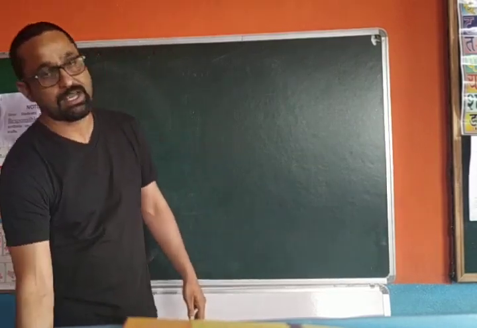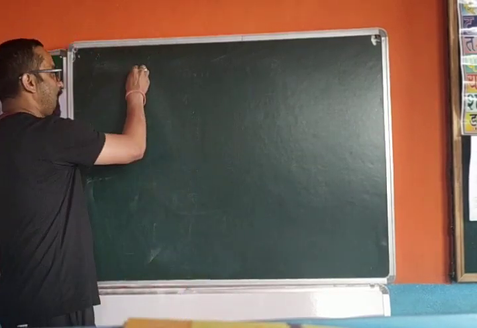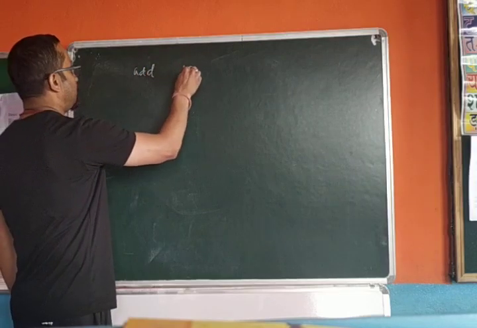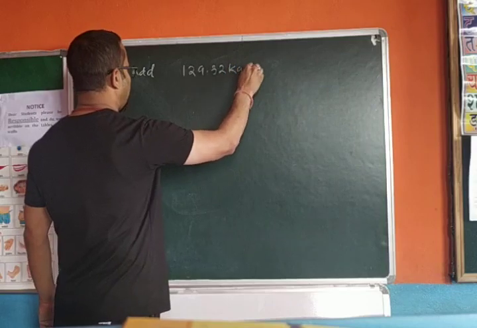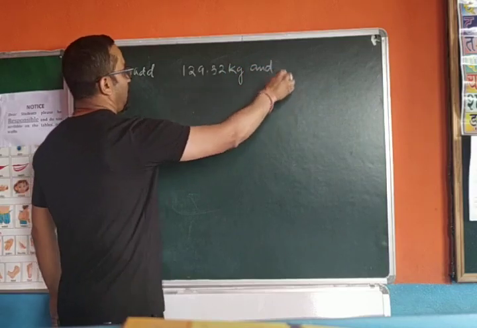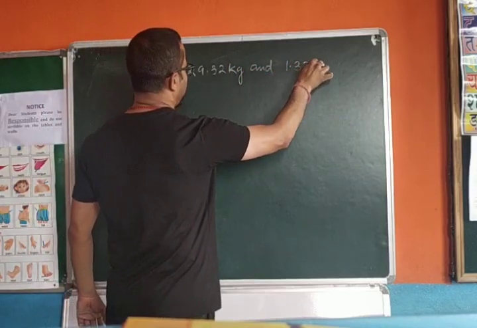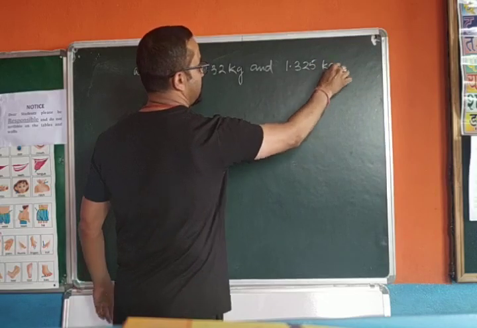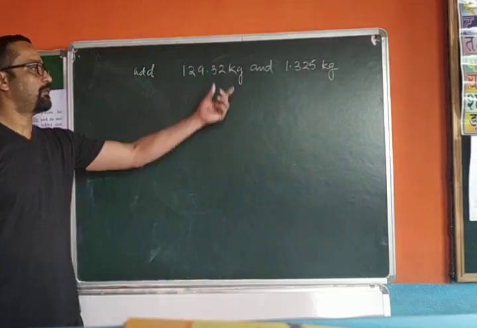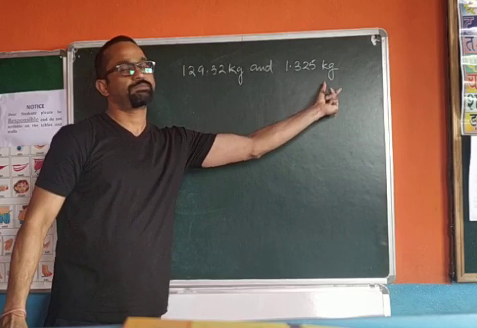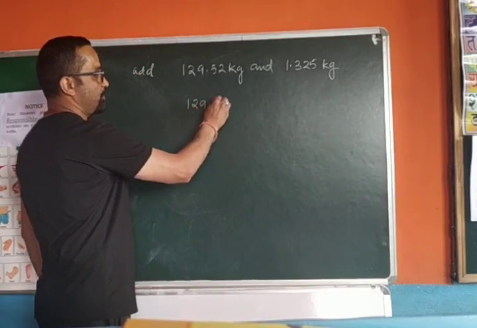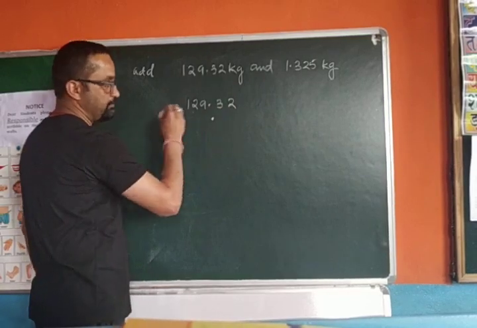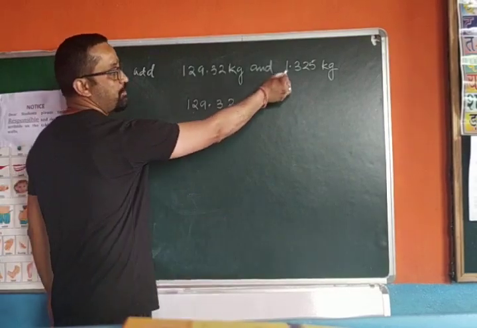I'll give you one example of kg. Add 1 to 9.32 kg and 1.325 kg. Look at this. Units are similar. No need to convert it. 1 to 9.32. Put the decimal. Look at the number before the decimal.